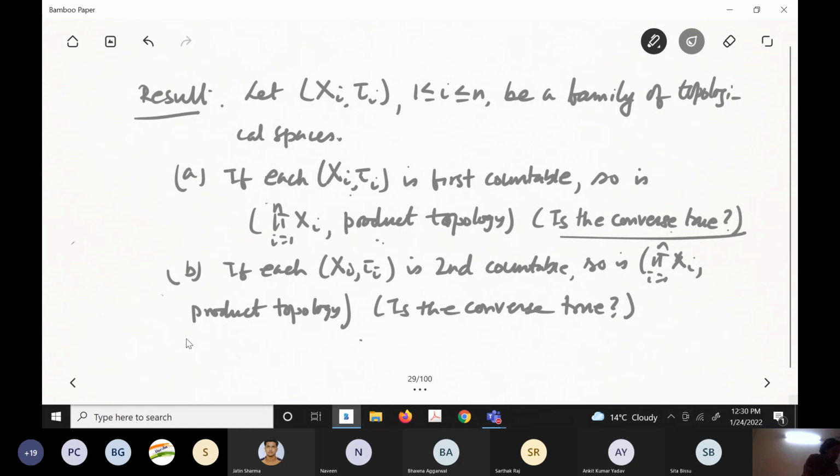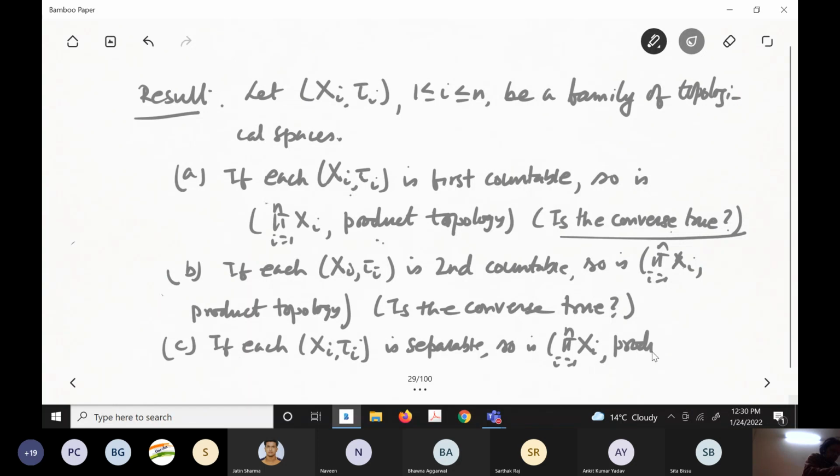If each (Xi, tau i) is separable, so is the product. Again the same question you can ask: is the converse true?